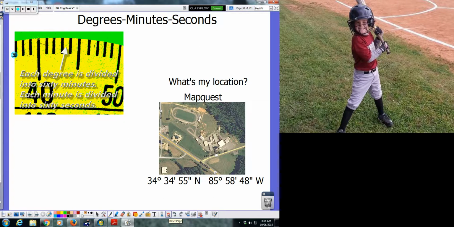There are 60 minutes in a degree, so a minute is 1/60th of a degree. There are 60 seconds in a minute.